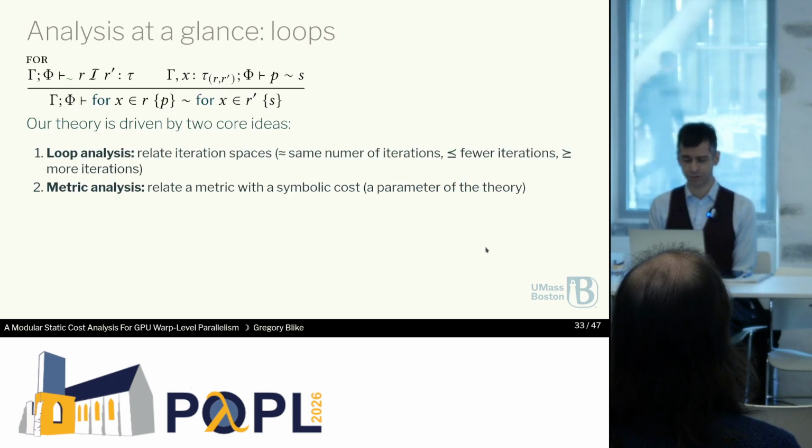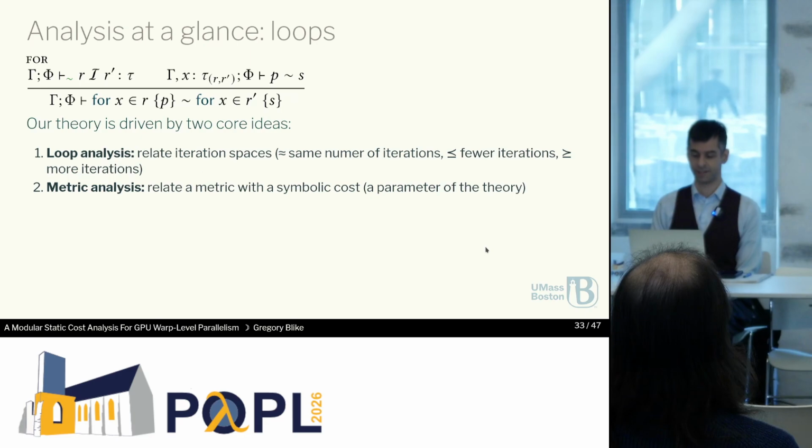And our theory is driven by two core ideas: loop analysis, which allows us to relate the iteration spaces, and a metric analysis, which allows us to relate the symbolic cost, which is a parameter of our theory and why this is a modular static cost analysis.